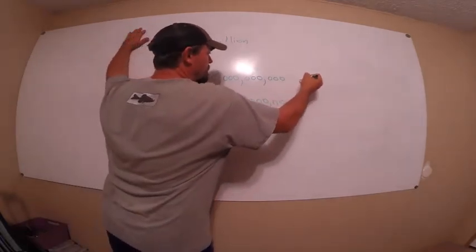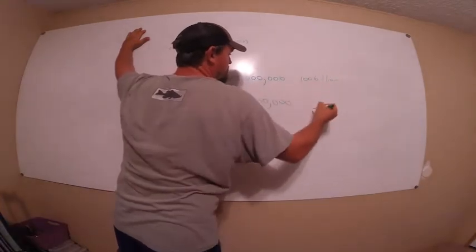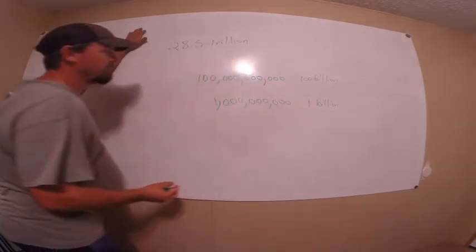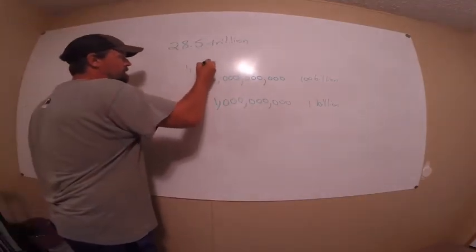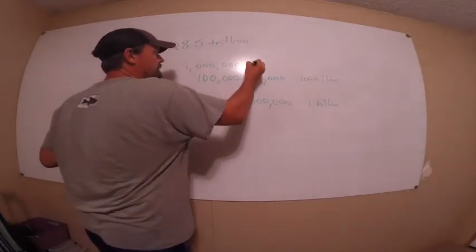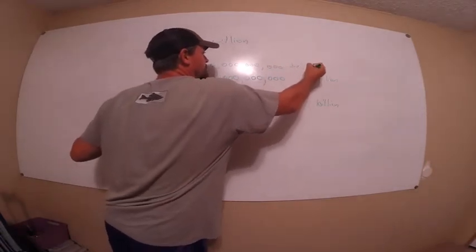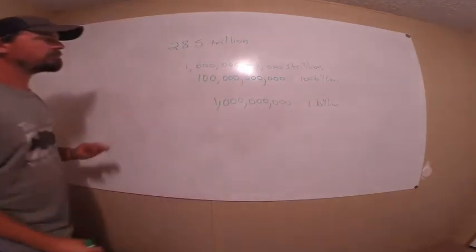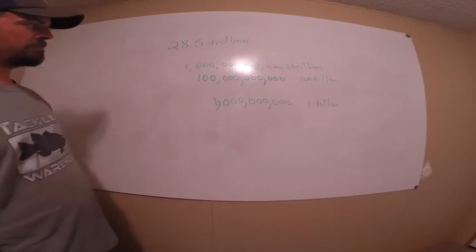This is 100 billion. This is 1 billion. After 100 billion is 1 trillion. That is 1 trillion. We need to get 28.5 trillion into billions.